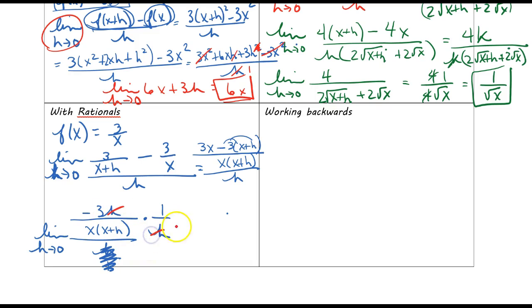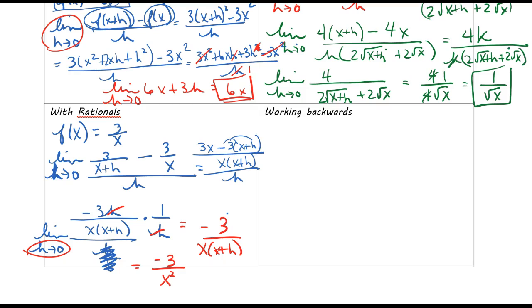Cancel, cancel. Yay! And so the answer is negative 3 over x times x plus h. Now do the limit as h approaches 0, and you will get negative 3 over, what will that be, x squared? Yeah, x squared, because that's a 0, and then you'll just do x times x. Okay, cool. So that is a lot of what you'll have to do with these.